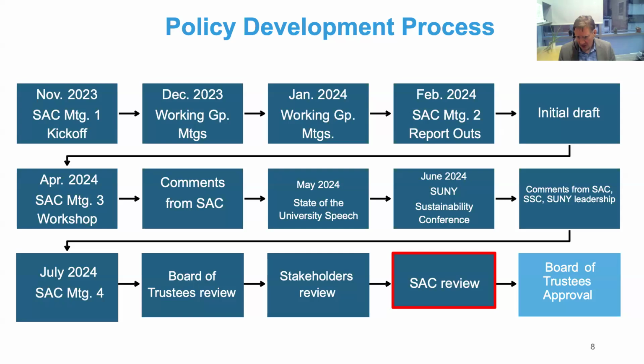Then we had a board meeting in August, and put it out for review in September for roughly 3 months of review, and you'll hear more about that process later. So where we are now, in red, is next week the Sustainability Advisory Council is meeting again to review it, and then we go to the Board of Trustees in January.